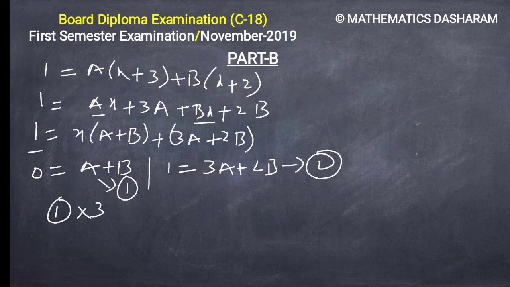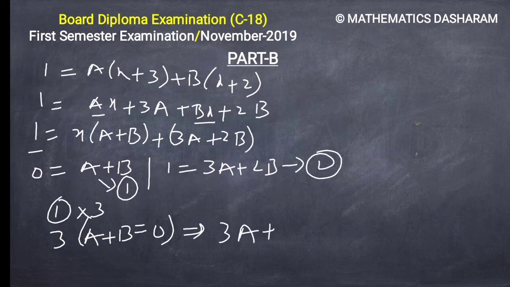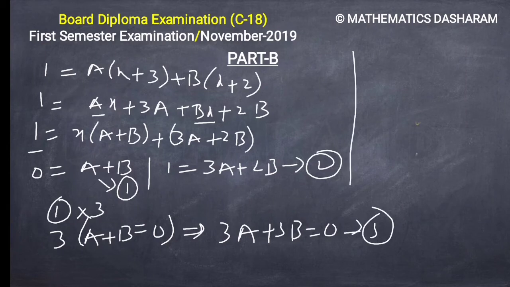So equation 1 multiplied with 3 on both sides. Then 3 into A is 3A plus 3 into B is 3B, 3 into 0 is 0, equation 3.